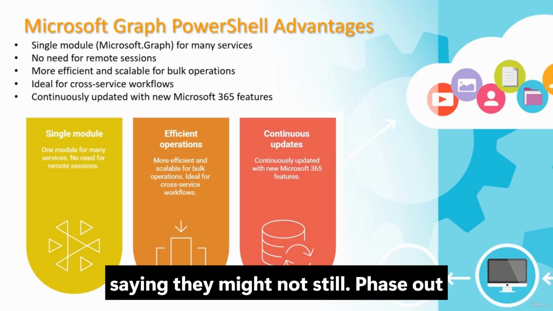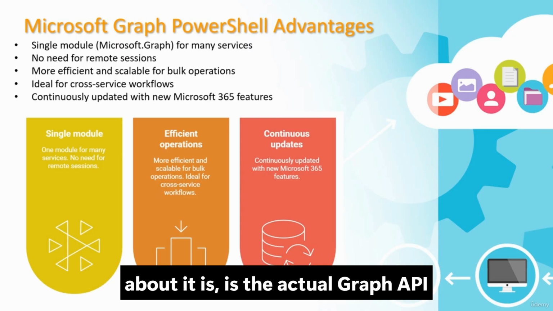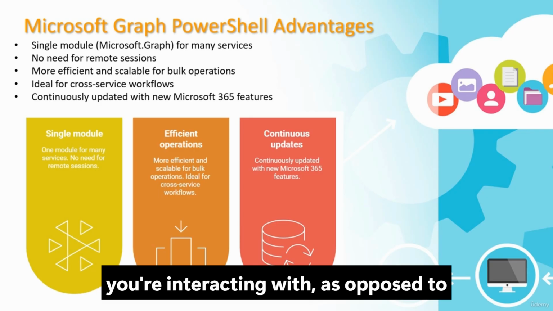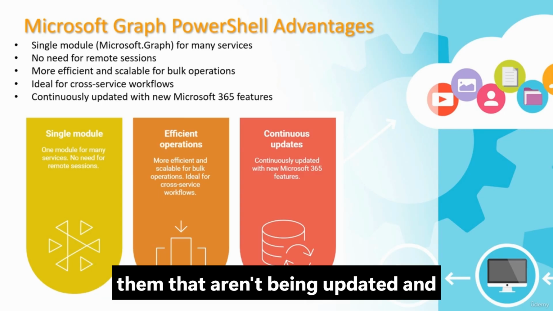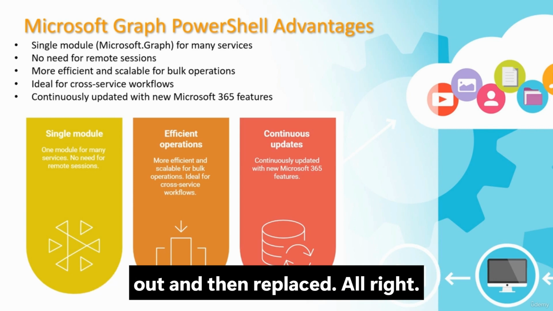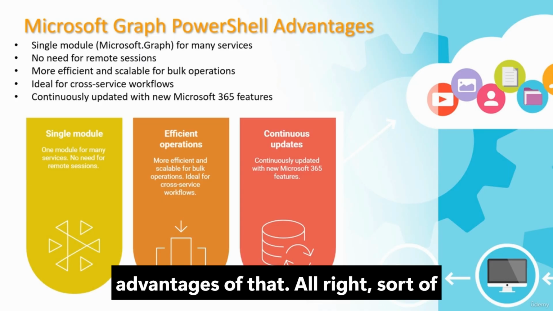I'm not saying they might not still phase out certain commands, but the great thing about it is the actual Graph API itself is being upgraded, and that's what you're interacting with, as opposed to the various commands that have logic in them that aren't being updated, and they're having to be removed and phased out and then replaced. All right, so that's going to be the advantages of that.